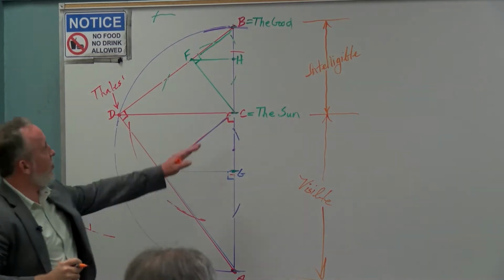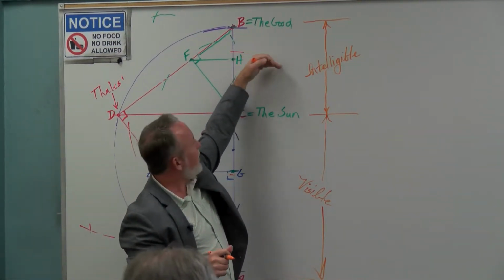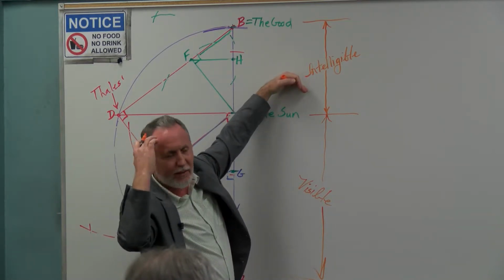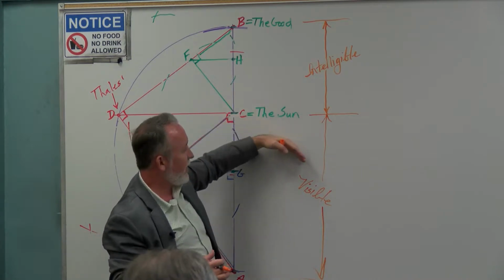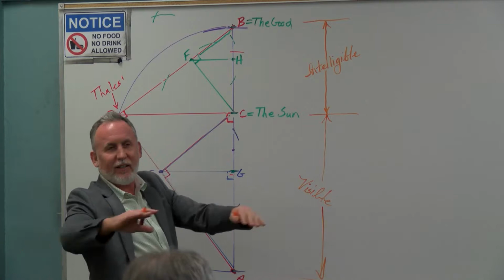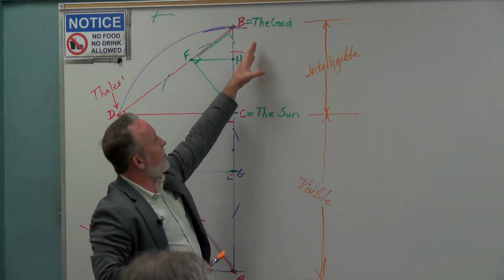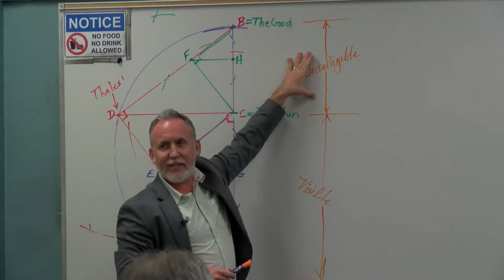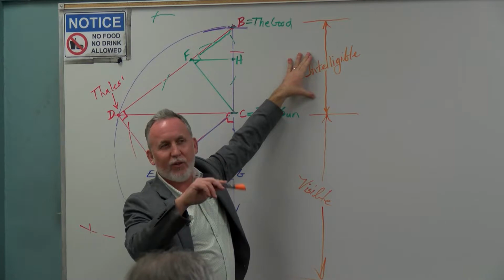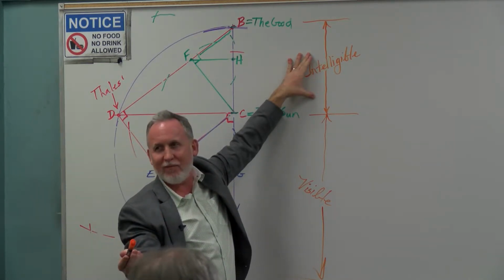So we have the good shining on the intelligible region, things of the mind, and we have the sun shining on the visible region. And so the analogy of the sun is that the intelligible region itself is not the good, but the good is what makes intelligible things happen.